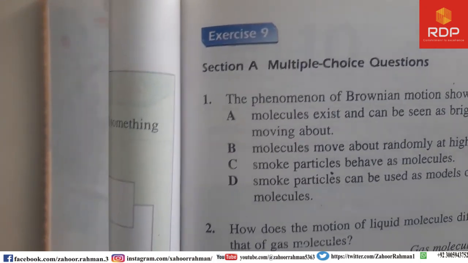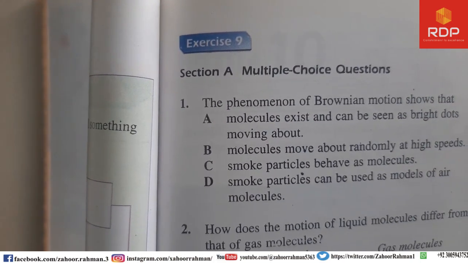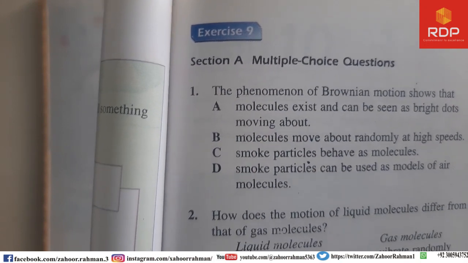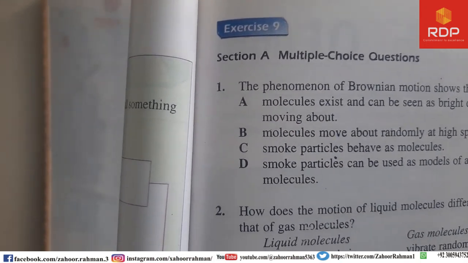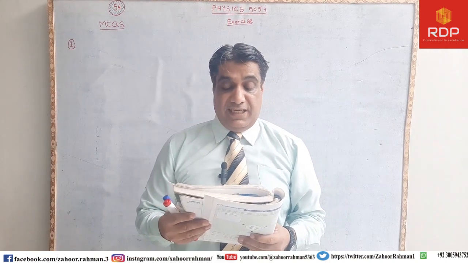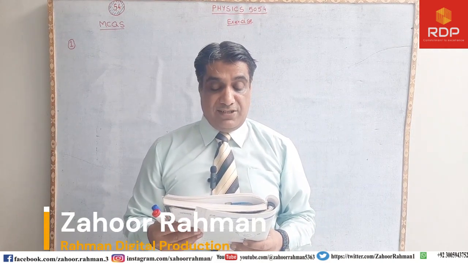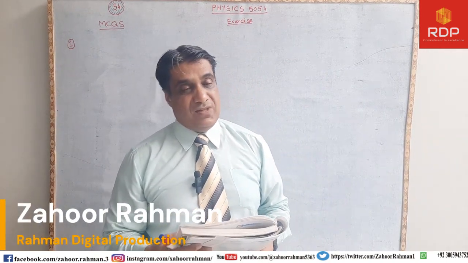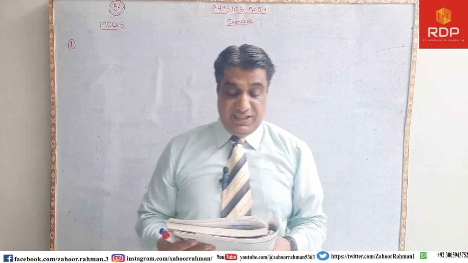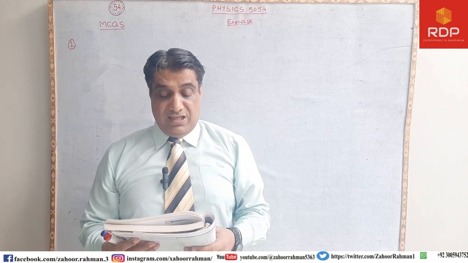Question number 1 says the phenomenon of Brownian motion shows that A is given as molecules exist and can be seen as bright dots moving. No, molecules cannot be seen inside the Brownian motion.